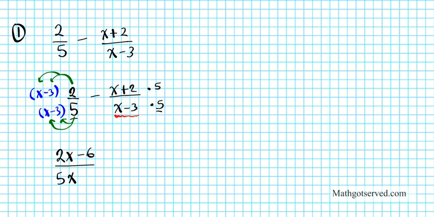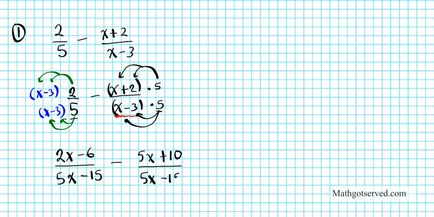And then 5 times 3 is negative 15. Minus. On the right side, we're going to distribute also. The numerator will distribute 5 to both terms. So we have minus 5x. And 5 times 2 is plus 10. Over the denominator, distribute the 5 to both terms. So 5 times x is 5x. And then 5 times 3 is minus 15.